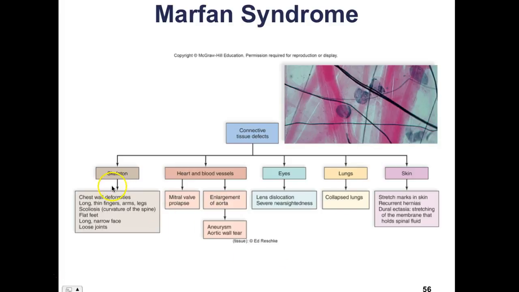You can see the skeletal tissue, the bones, the blood tissue, eyes, lungs, and skin. You can see what happens there as well. So you get collapsed lungs, lens dislocation, and severe nearsightedness.